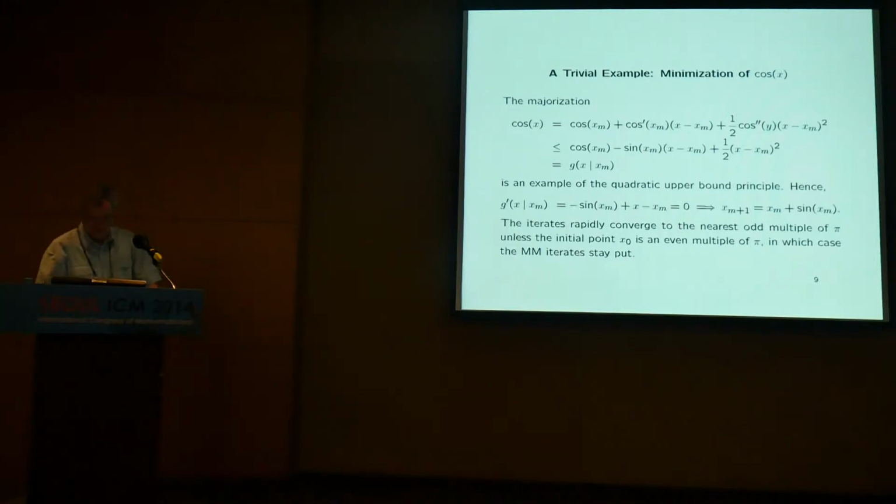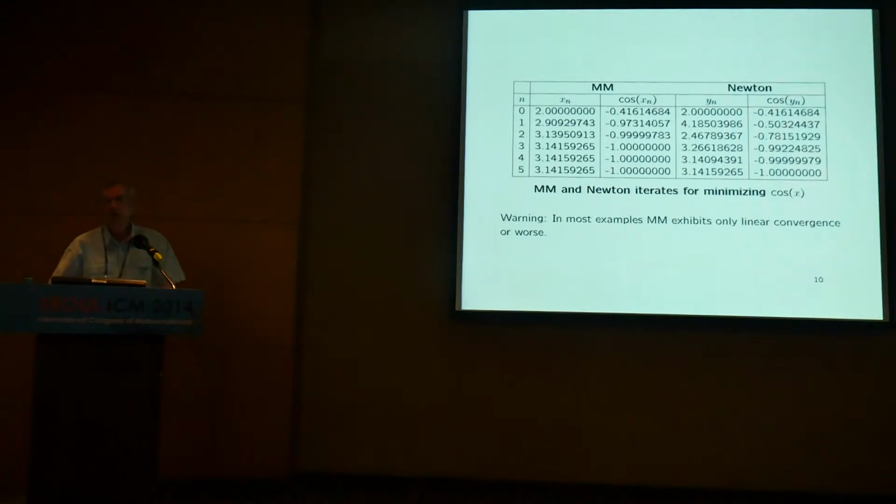But for this particular simple example, here are the iterates for finding the minimum of the cosine, and MM actually beats Newton's method. I think what happens is Newton's method tends to overshoot a bit and takes a little longer to catch up. But this illustrates the point: if you want to have a successful MM algorithm, you need to hug the objective function as tightly as possible.